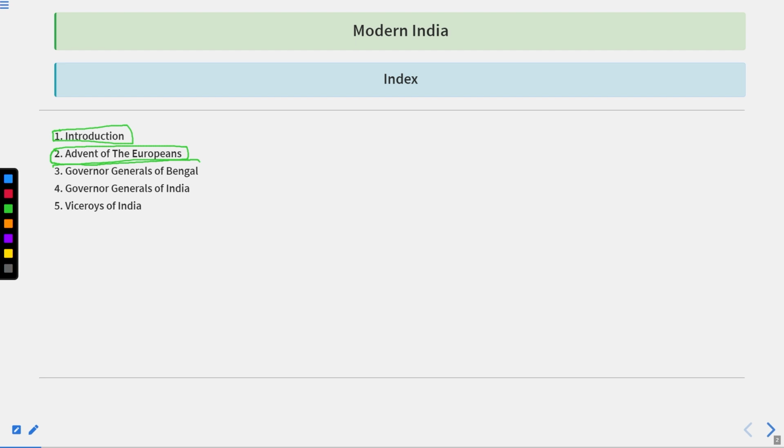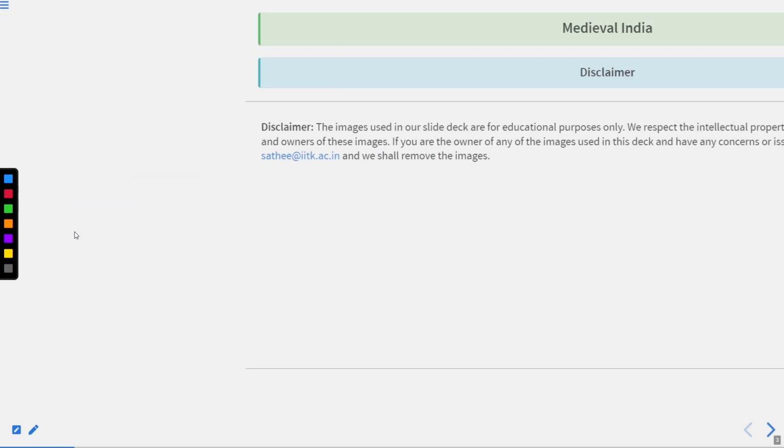Thereafter, Governor Generals of Bengal. Thereafter, Governor Generals of India. And thereafter, Viceroy of India. So basically, these are the topics that we had scheduled for the discussion.